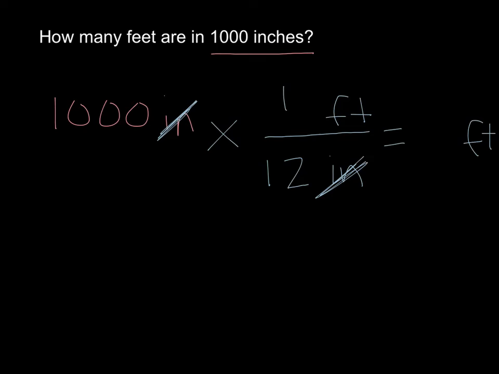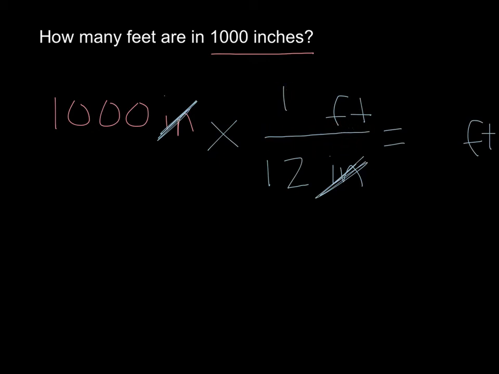There are a lot of conversion factors, conversion fractions that you're going to need to know, and some that are posted on the wall in the classroom. So now I have everything except for the answer. To get the answer, I take my 1,000 and I multiply on my calculator by 1, or you could just do that in your head, and then I divide by the number that's on the bottom.